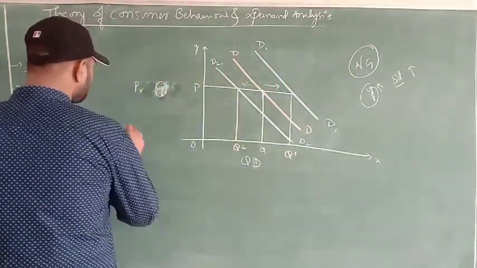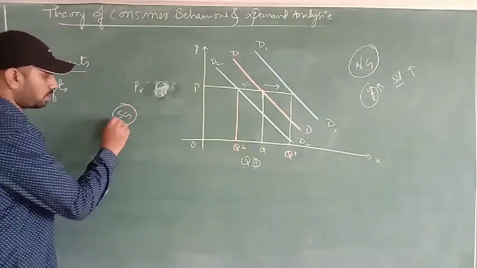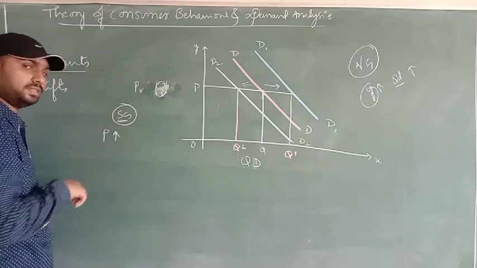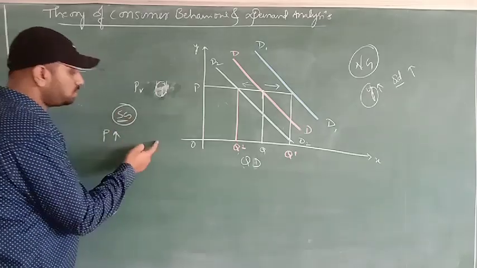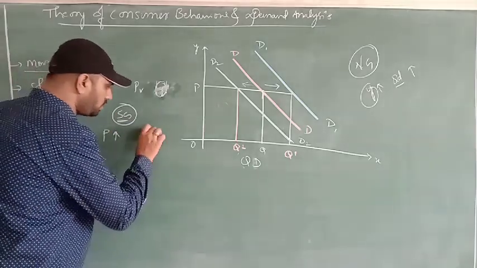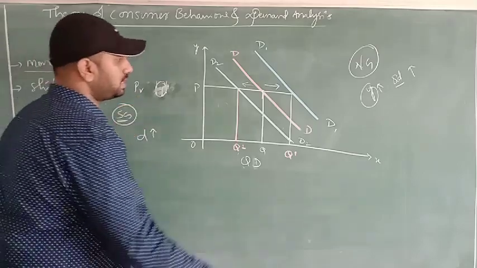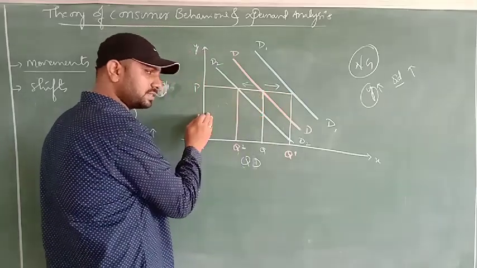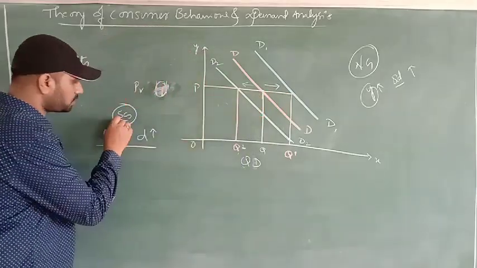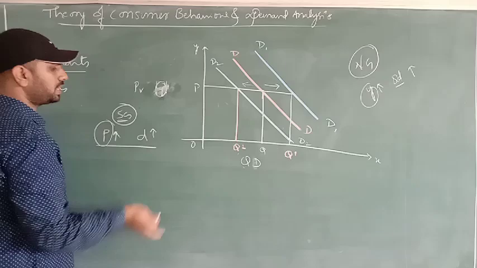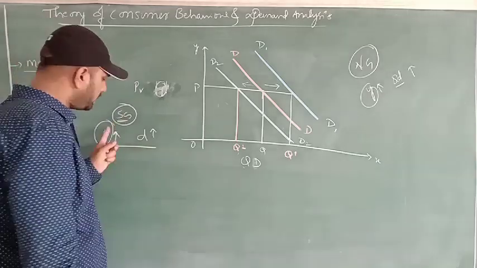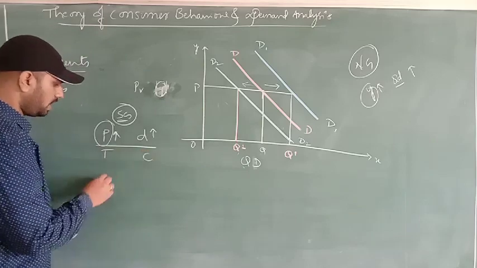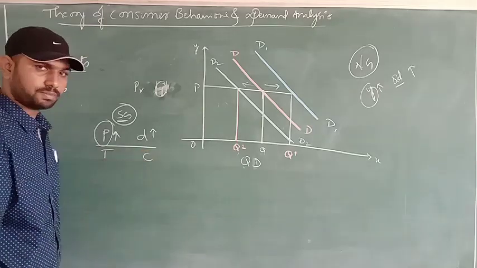In the case of substitute goods, when the price of a commodity starts rising, demand for the substitute good will also increase. For example, assume tea and coffee, where coffee is the substitute for tea.